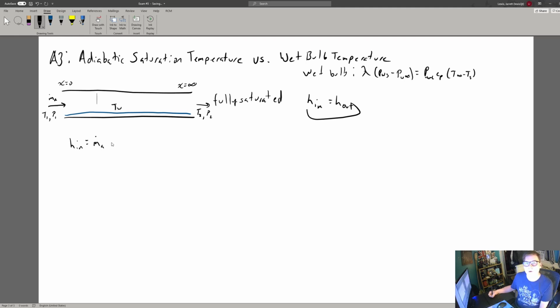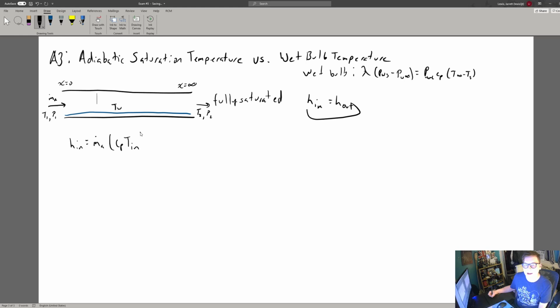And then we're going to want to multiply that by the heat capacity of the air, and find the temperature difference between the initial temperature and our reference temperature. But in this case, since it's an infinitely long tube, fully adiabatic process, our reference temperature is going to be 0. So we're just going to multiply that by the temperature in.